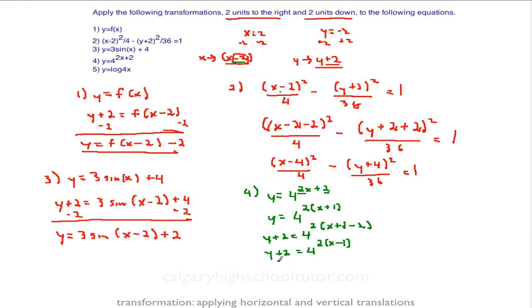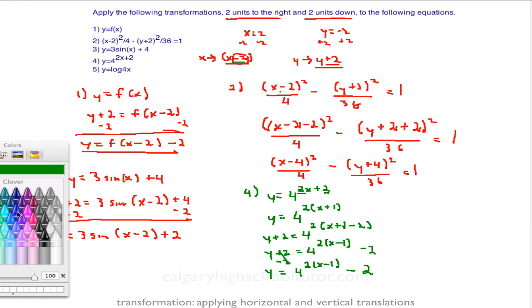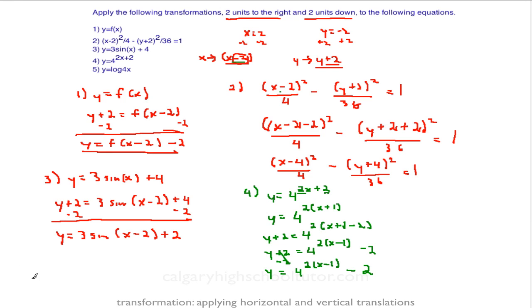Before we finish, we solve for y by subtracting 2 from both sides, giving a final equation of y is equal to 4 to the power of 2 times the bracket x minus 1, minus 2.